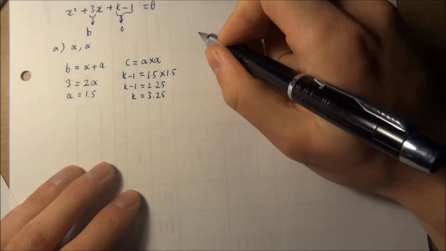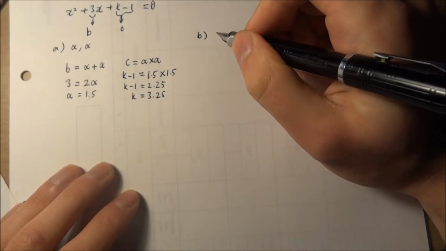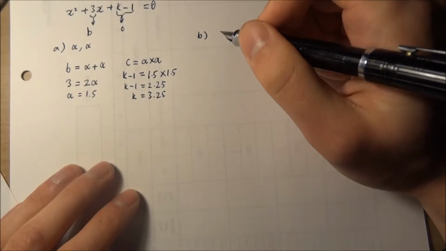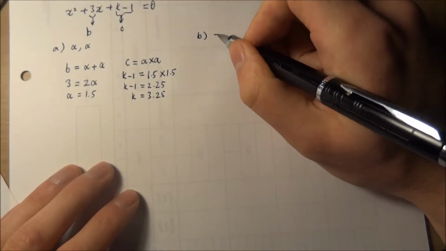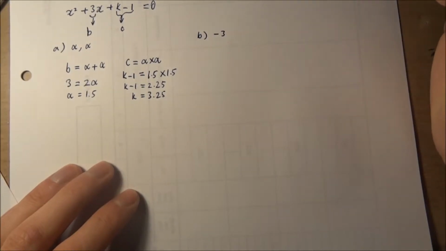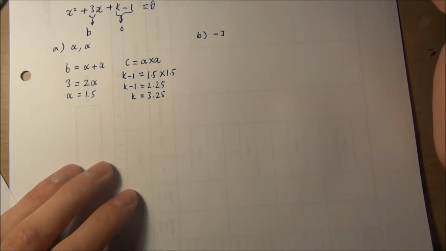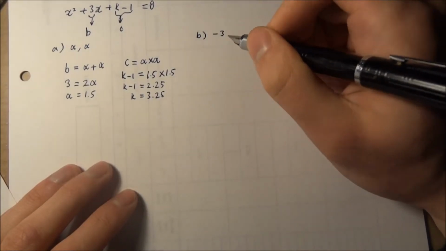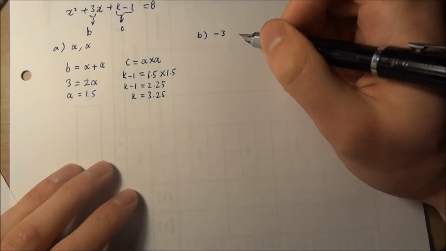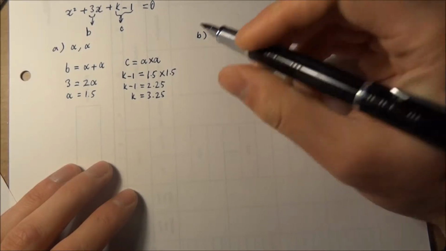Now, B, it's asking for one root, that is minus 3. So there's only one root. In this case, it's quite straightforward. We can just substitute this root into the original equation and see which k satisfies it.